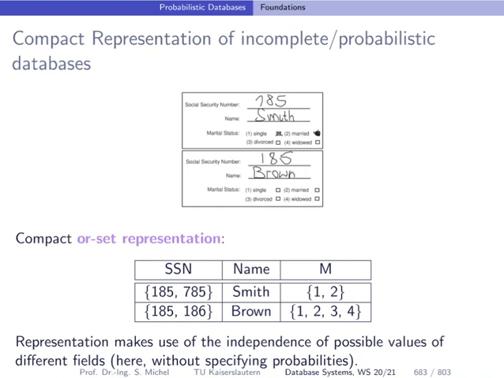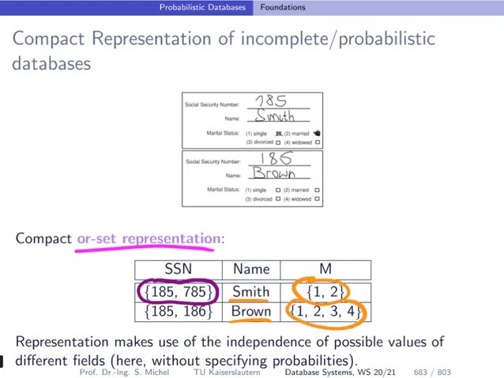Instead of writing these possible worlds in such a long way, in a wasteful representation, you can also think about a more compact representation, for instance, the so-called OR set representation, which is also very intuitive. Here, you write the certain information where you have only one possible choice, and then in these OR sets, in these sets of values, with an OR semantic, you summarize all possible choices of these values.